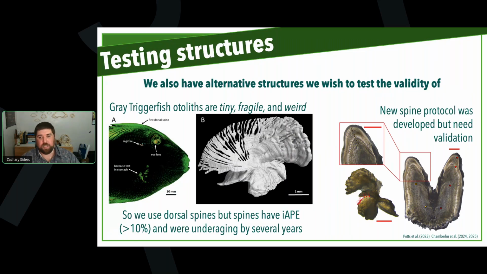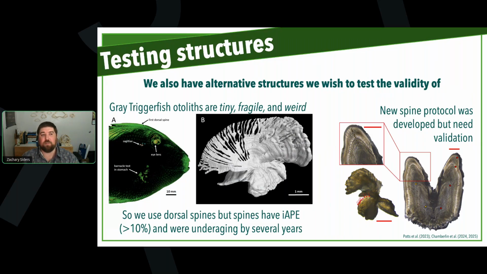And so the motivation was to swap over to dorsal spines. The way that technique had been done, there was a pretty high index of average percent error between readers, and with some OTC marking and some bomb radiocarbon validation, we were able to see that the old way of measuring spines was underaging by several years.